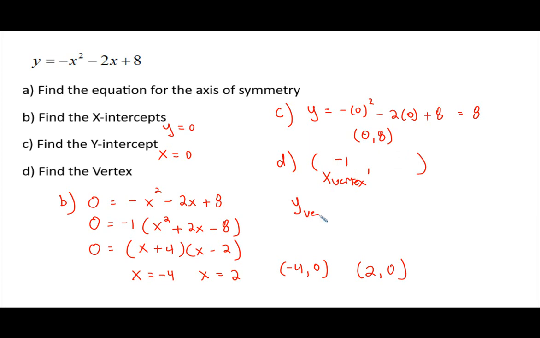So we have negative, parentheses, negative 1 squared minus 2 times negative 1 plus 8. Then we just work this out. This is going to leave me with negative 1 plus 2 plus 8, which is 9. So the coordinates of the vertex are negative 1, 9.